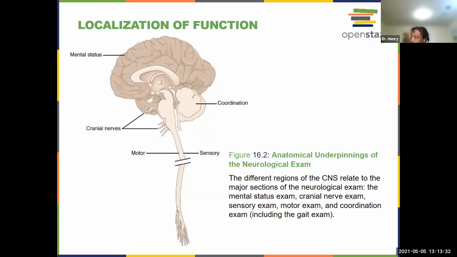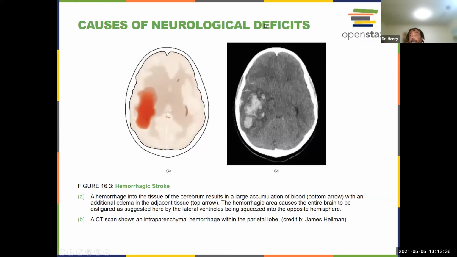So now back to that stroke. There are two types of strokes, right? We have the hemorrhagic stroke. In a hemorrhagic stroke, your blood vessels are so damaged that you're getting blood flowing into the brain cavity, or the cranial cavity.